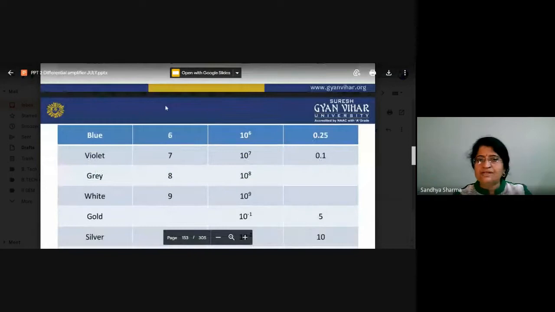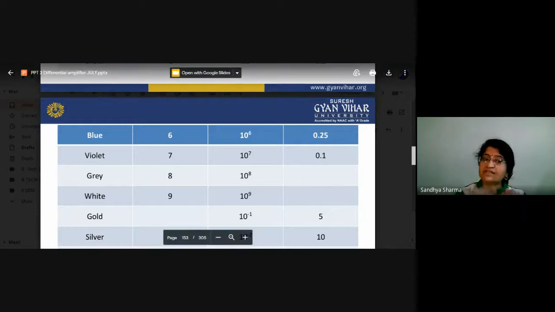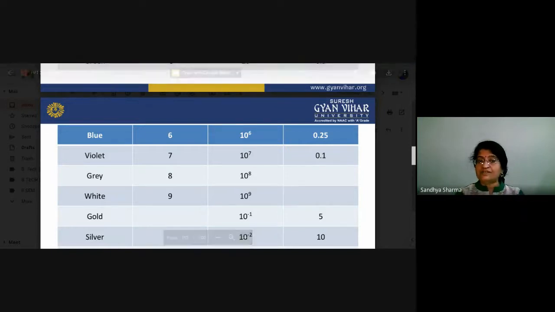If you have to decide the digit, there is no problem deciding the multiplier. So if violet is coming in place of the third, in the four band structure, we will use the multiplier 10 to the power 7. But if this violet color comes in the first and second strip, we will use the digit number.